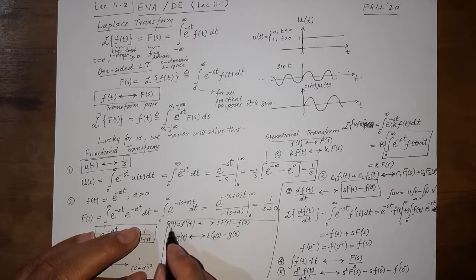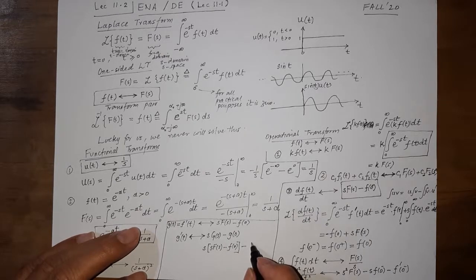So G of s is this whole thing. So what do we get here? s times F of s minus f of 0, minus, what is g of 0? It is the derivative of f at 0. And what do we get here? S square F of s minus s f of 0 minus f dash of 0.